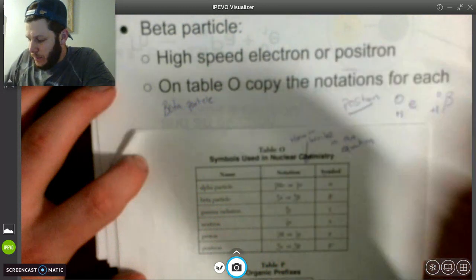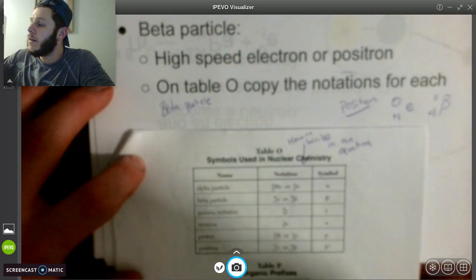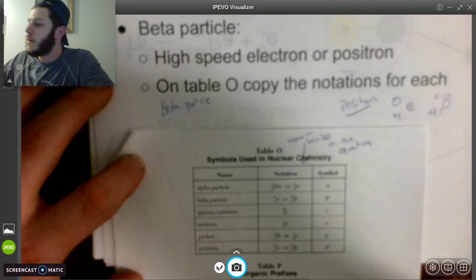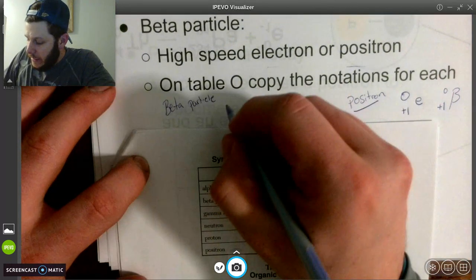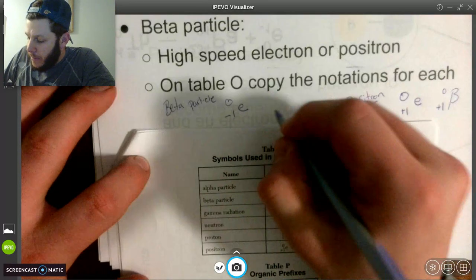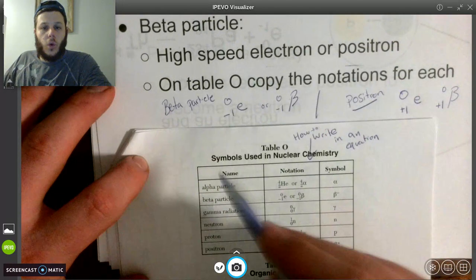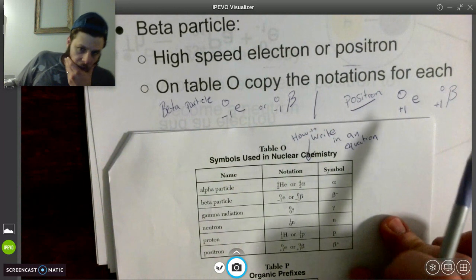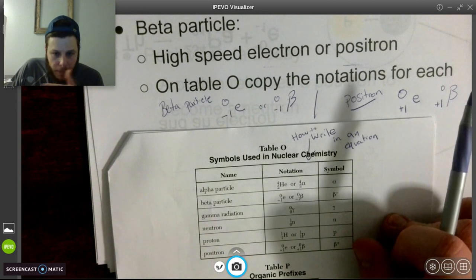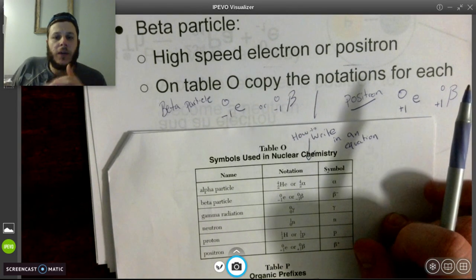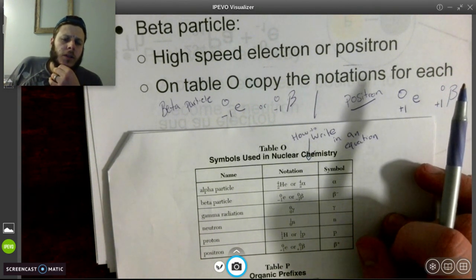I'll talk about this a little bit more in the next few slides. But a beta particle is a 0 mass number with a minus atomic number, and it can be written in one of two ways. According to the reference table, a beta particle is the -0, and a positron, well, actually, they're both beta particles.